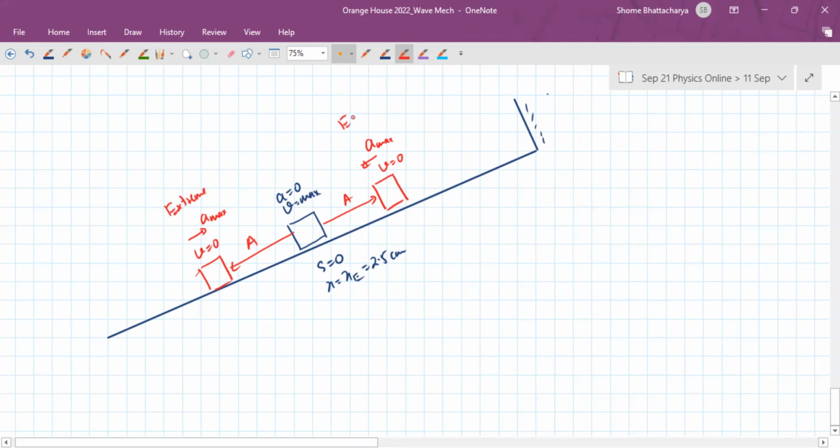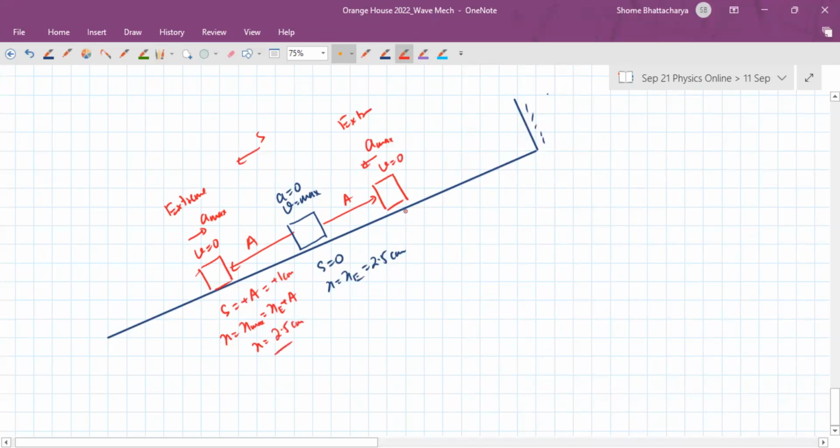This is extreme position. So at this position, s is equal to plus a, because we are taking s in this direction, and x is equal to the maximum value, which is xe plus a. Okay, so this is 2.5 centimeters.